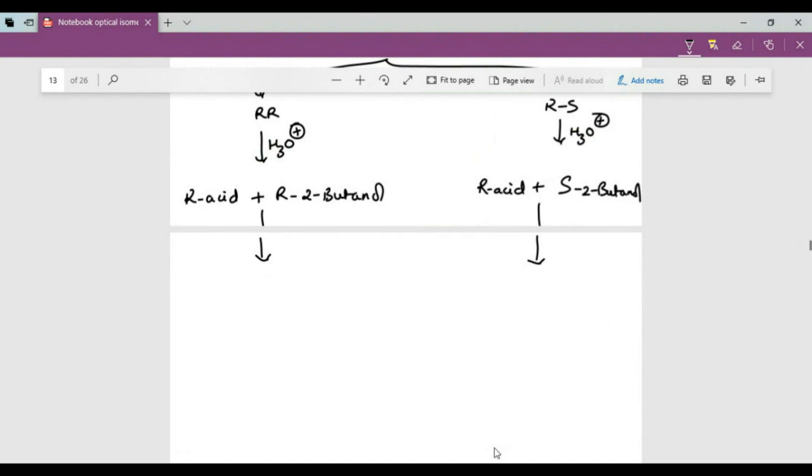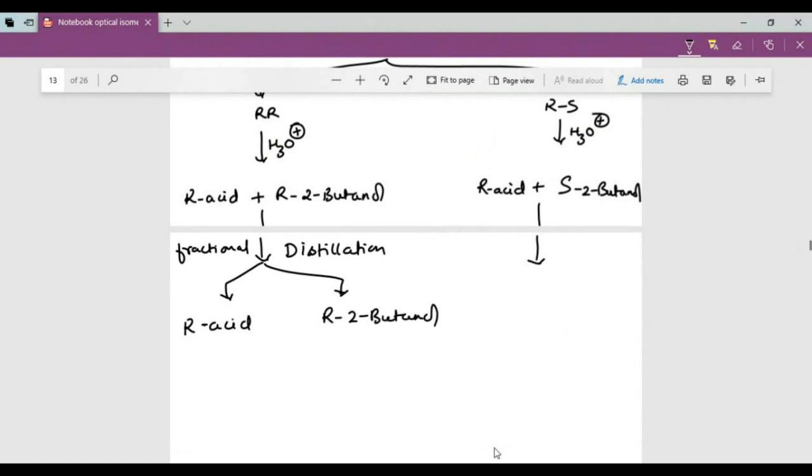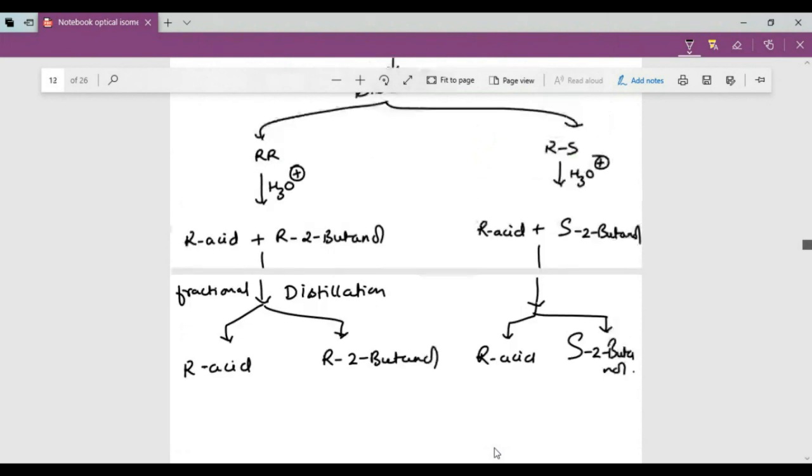As one is acid and one is butanol, I can do distillation. If required, you can do fractional distillation depending on their boiling points. Finally I will be able to separate the acid and the alcohol on each side.